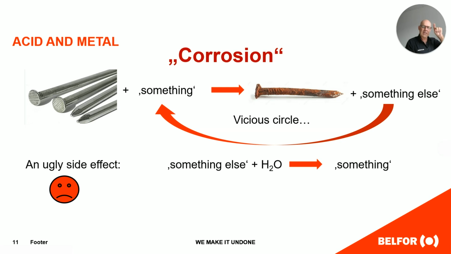It's a permanent process. It's a permanent circle as soon as you have got water and you have got a little bit of this hydrochloric. You don't need much, because the hydrochloric is produced by the process itself. It's a permanent process. It will never stop.